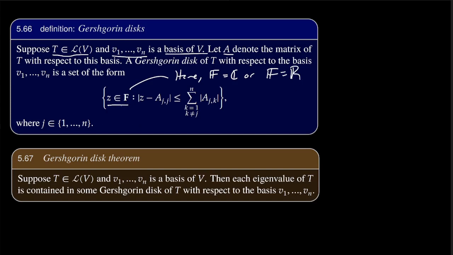It's all of the z's in the field that are a distance from a diagonal entry at most the sum of the non-diagonal terms in that same row. So that is the sum from k equals 1 to n of |a_jk| with k not equal to j. So those guys. All right. So here, I'll try to draw kind of like a picture. So let me write it like this.